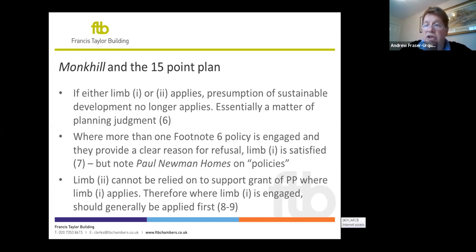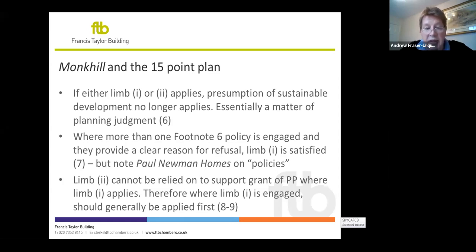So that combination of more than one policy can provide you with a making out of Limb 1, even if one of those policies in footnote 6 on their own would not justify a refusal. So you look at the effective combination of the footnote 6 policies.